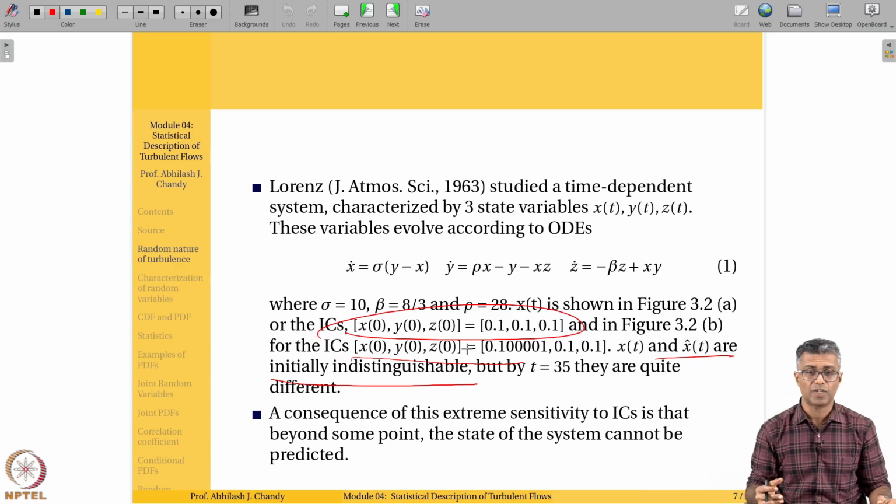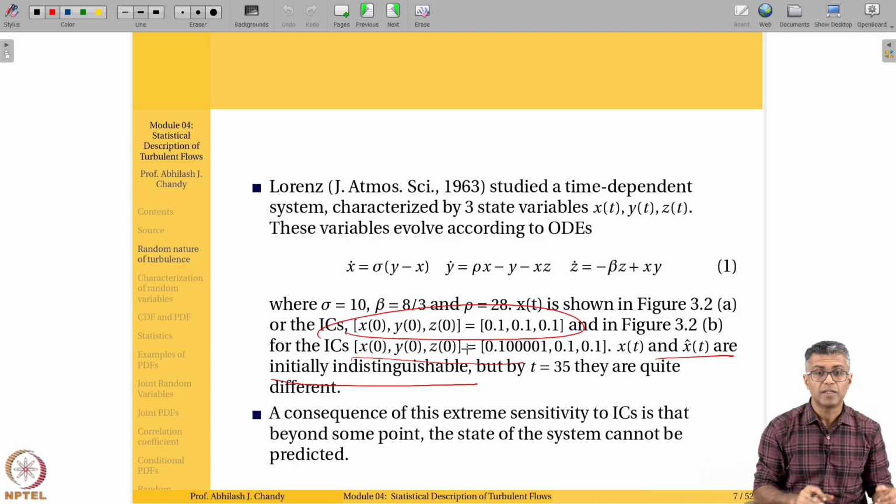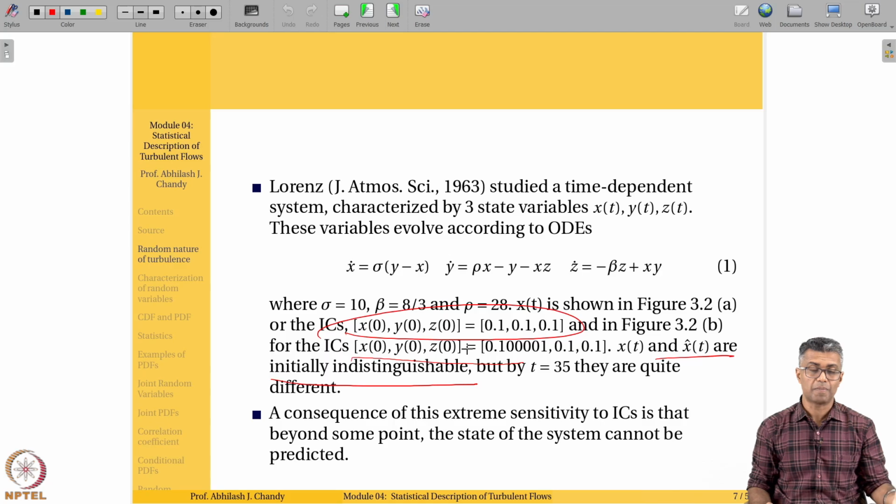You have second derivatives, you have nonlinear terms. Here also it is nonlinear, but there you have nonlinear derivative terms. You have multiple components. It's a vector. You have the pressure gradient. You have an additional set of equations that governs pressure. So it's a lot more complicated than this relatively simpler system that Lorenz developed.